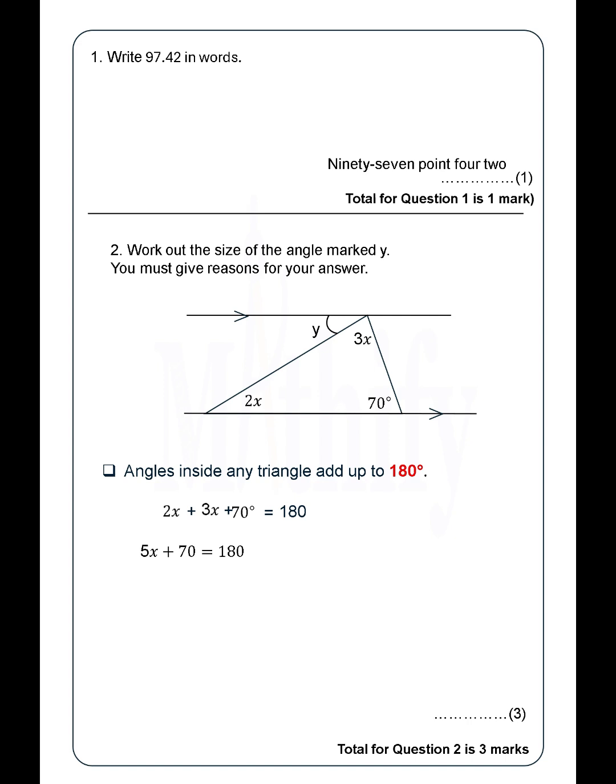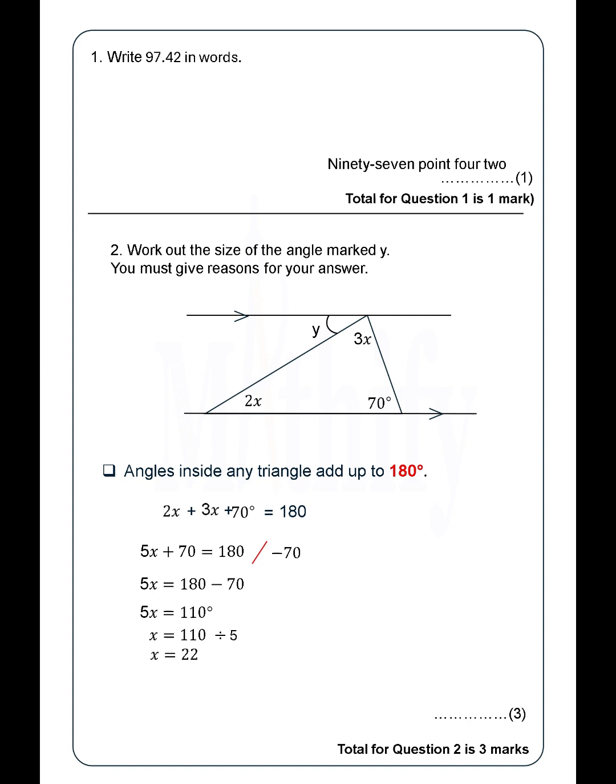To make x the subject, we first need to move 70 to the right side to make it minus 70. So 5x equals 180 minus 70. 5x is equal to 110. To make x the subject, 110 divided by 5.